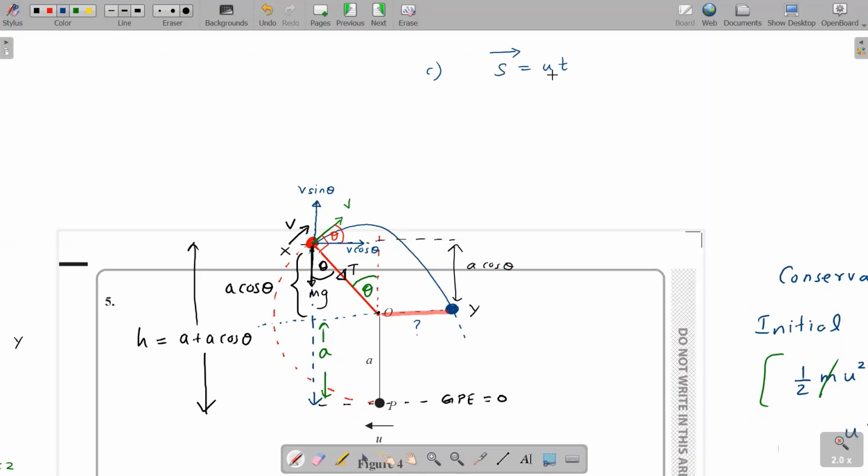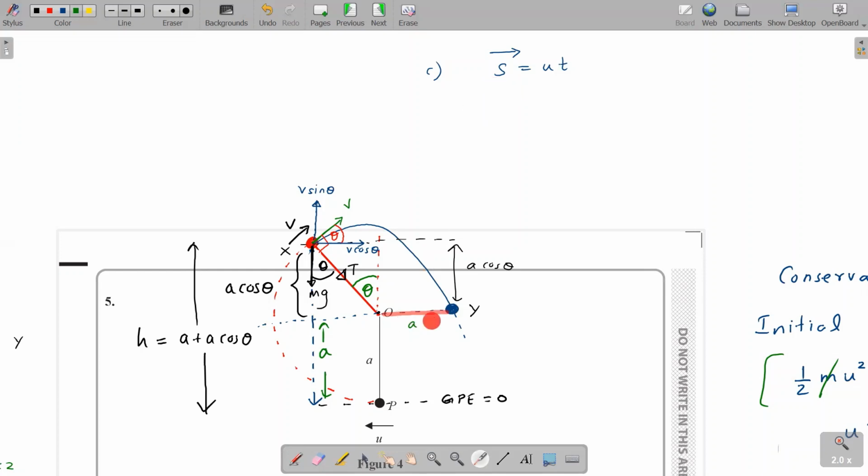Now, the horizontal displacement you need to show: if it is fully stretched at this point, what should your horizontal displacement be? If it is fully stretched, this distance should be A, right? And when the projectile goes from X to Y, what is your horizontal displacement?